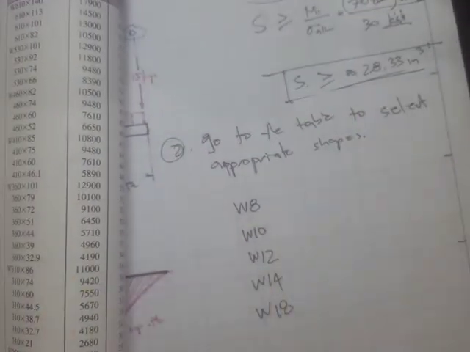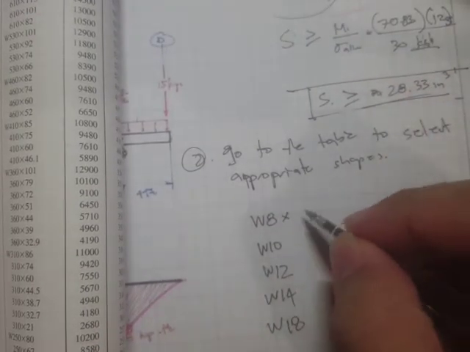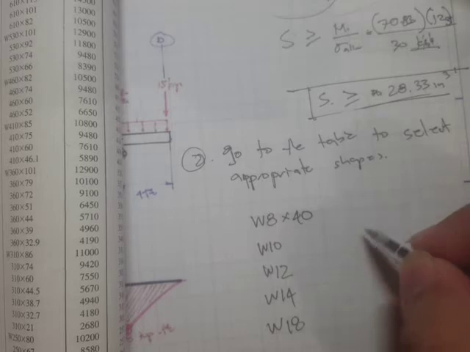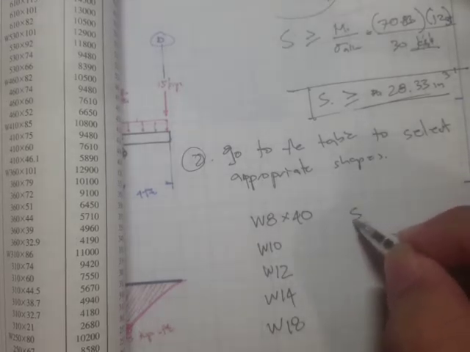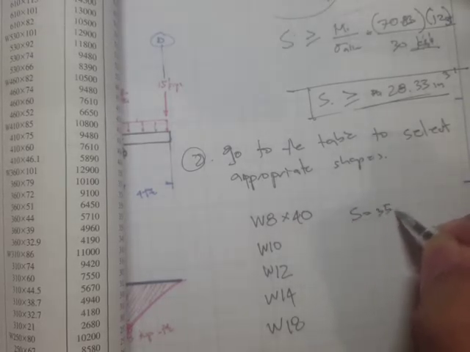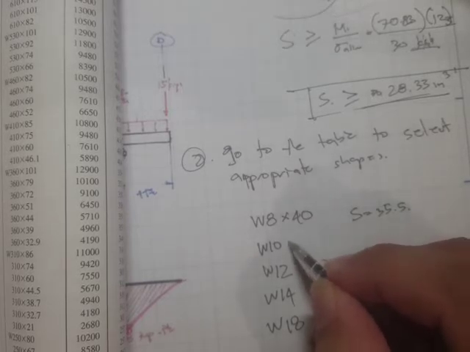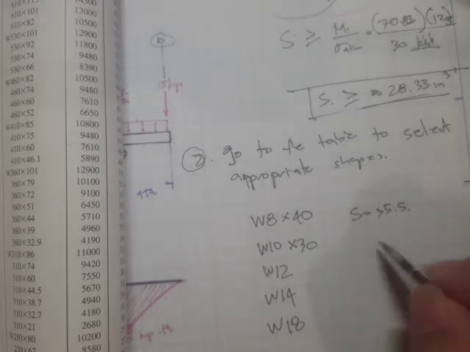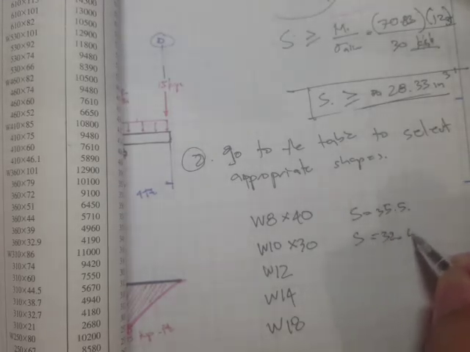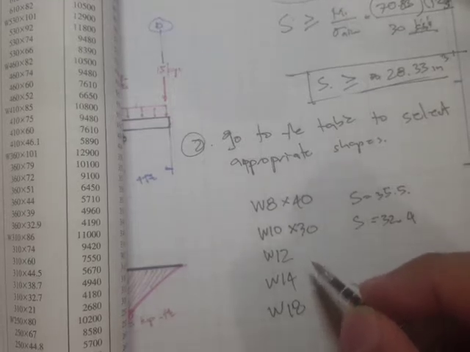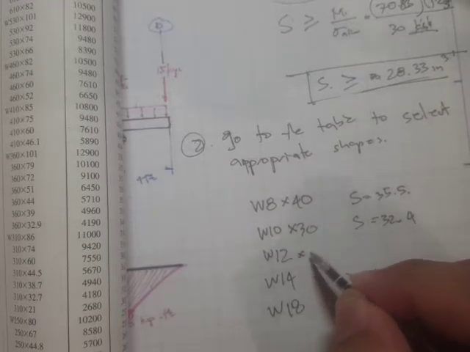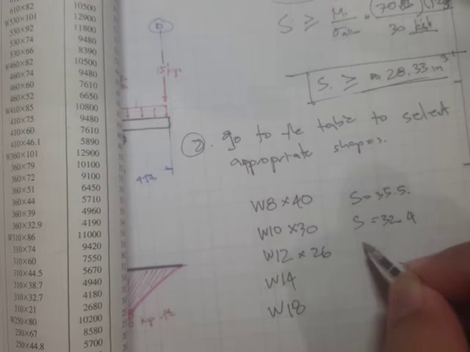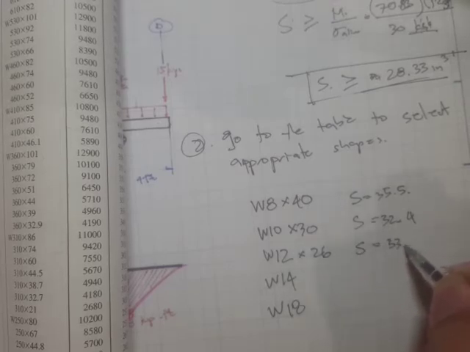Okay, so let's write down our selection. For W8, we selected 8 by 40, and the S is equal to 35.5. And for 10, we selected a 10 by 30, and the section modulus is 32.4. And for W12, this is 12 by 26, and the S is 33.4.